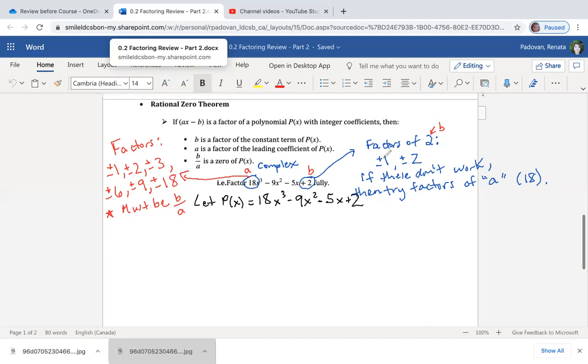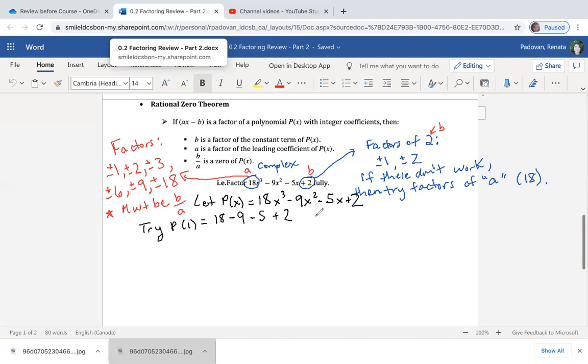And we'll try in order, positive 1. We'll try p of 1. So here again, if I subbed it in, I don't have to write down every step, right? 1 cubed would be 1. 1 times 18 would give me 18, takeaway. I always write down the takeaway because you can always change it to a plus after if it happens to change. So 1 squared is 1. 1 times -9 is -9, right? -5 times 1 would be -5 plus 2.